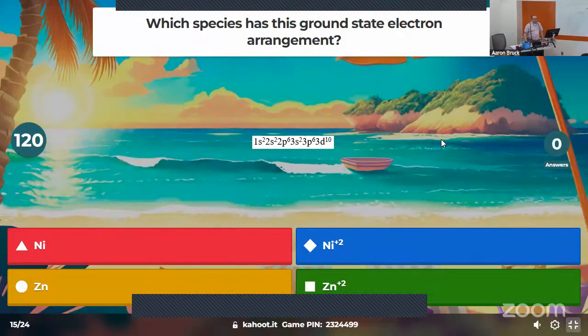All right. Ground state electron configuration that looks like this. What is it?